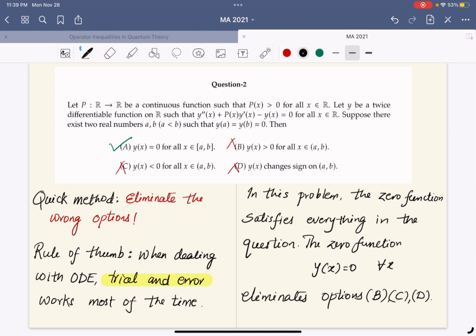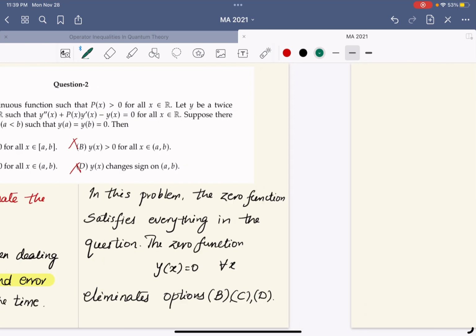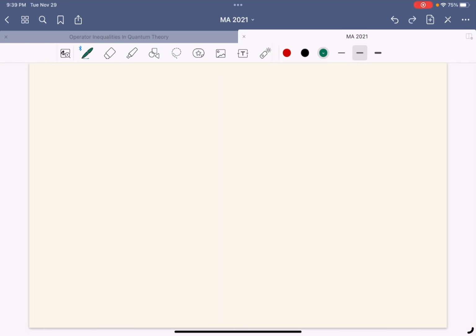Now if you're wondering why option A should be the correct answer and how we can prove it, then hang on, we are going to discuss just that. Now remember that in this problem, y is a twice differentiable function satisfying this differential equation and some extra condition. Before getting into the solution, here's something important about twice differentiable functions that we will need.